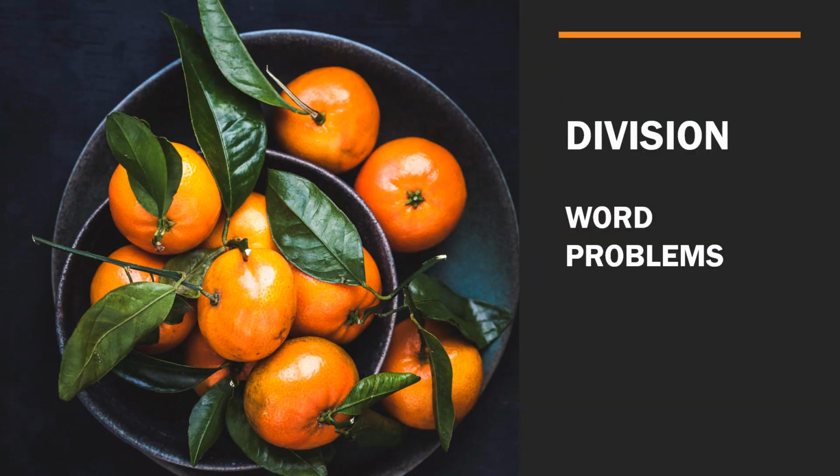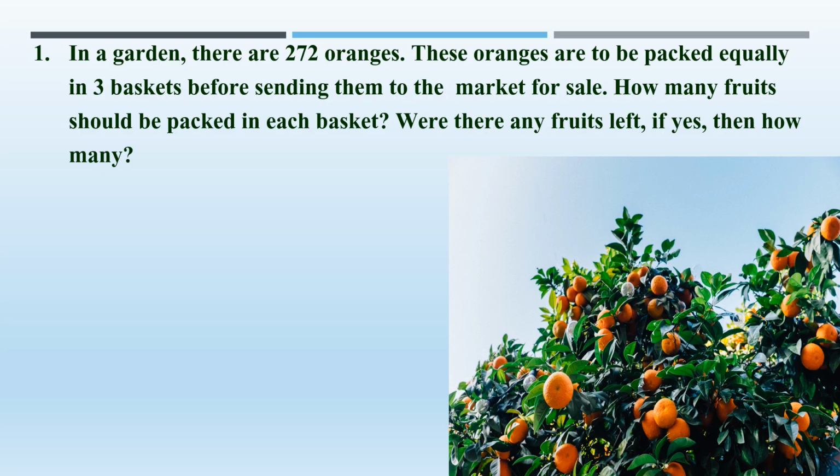Now let us do some word problems using division. So to solve a word problem, we know that first we should understand the problem, then we should see what is given in the problem and what is asked in the problem. So first let us read and picturize that in our mind.